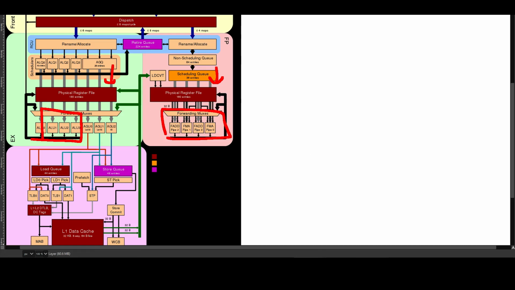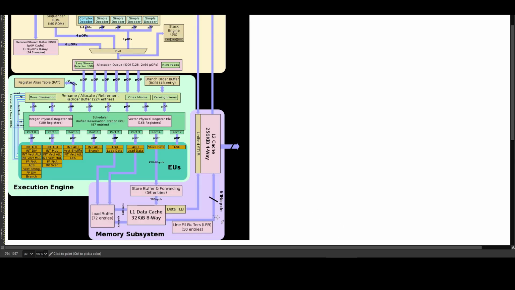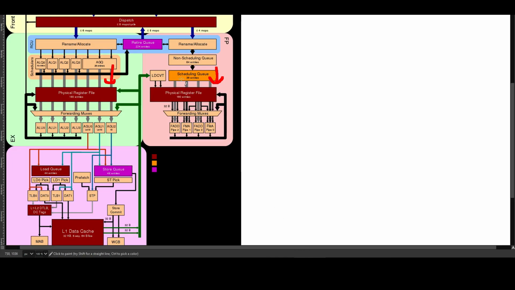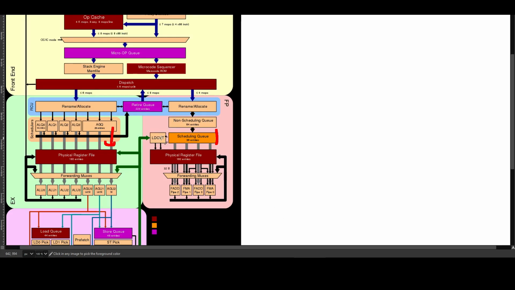So we have 7 independent data paths we can use for executing code, for doing math. But in the case of Skylake and Sunny Cove and Willow Cove, we only have 4 execution ports we can use for that. So really, Zen has a really wide backend, and the result of this is it can actually do a lot of calculations in each clock.